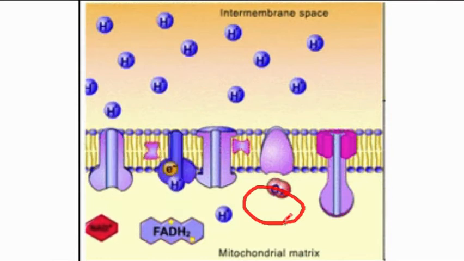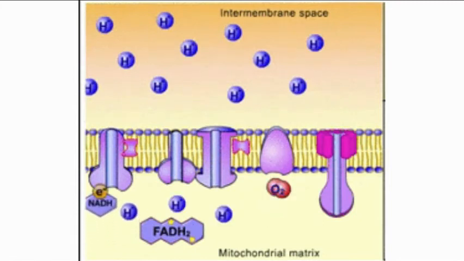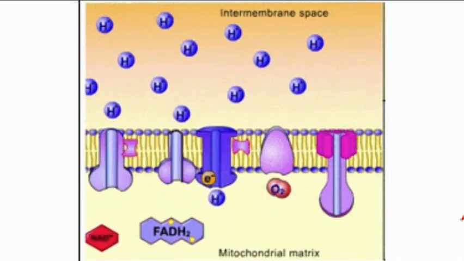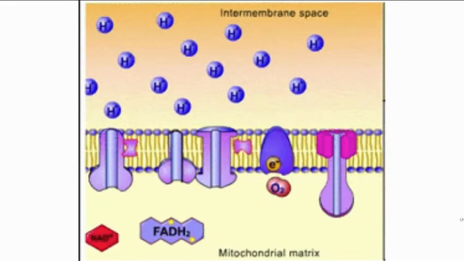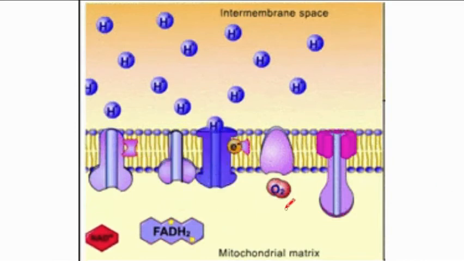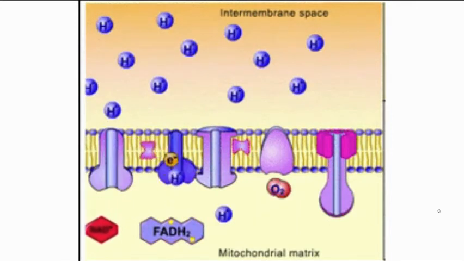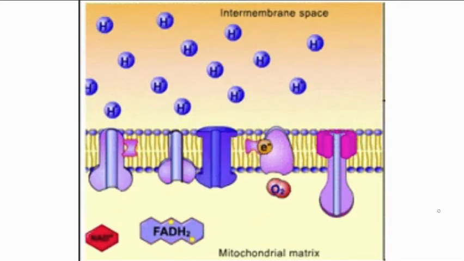Notice that oxygen is the final electron acceptor. It's the final thing that is accepting electrons in our diagram, which is why electron transport is an aerobic process. So it requires oxygen because you need that oxygen in the diagram in order for the electron transport chain process to work. Without oxygen, this process wouldn't work.